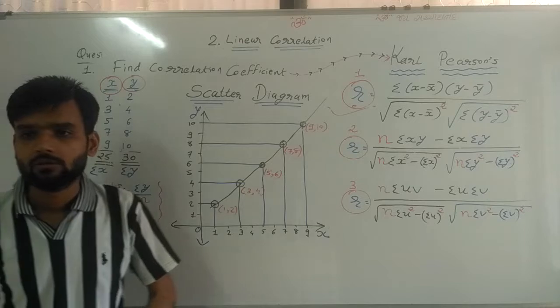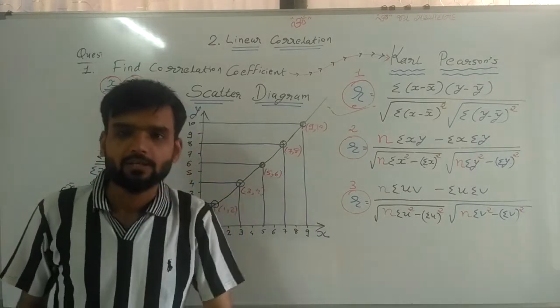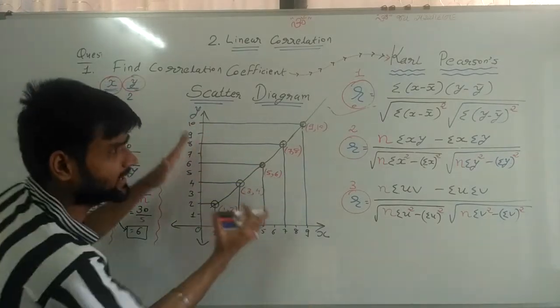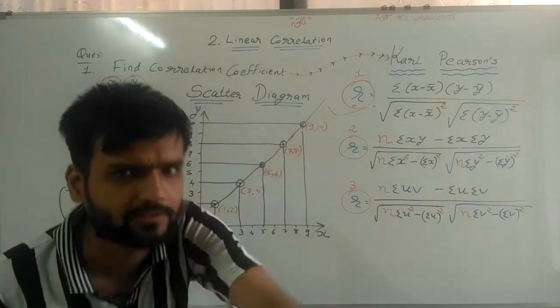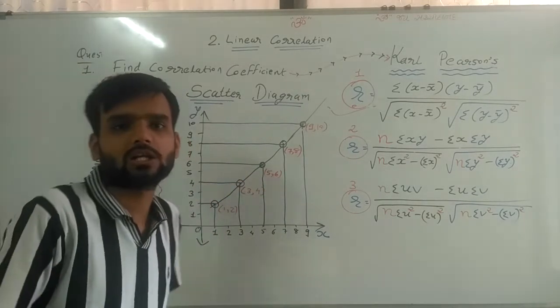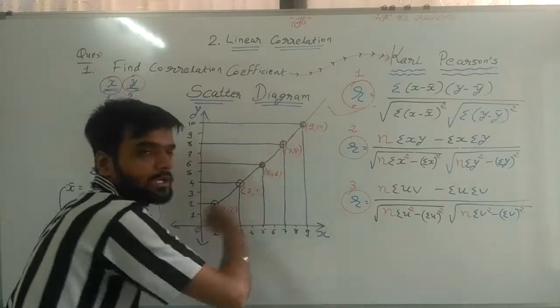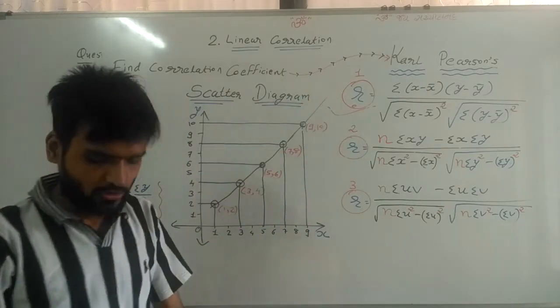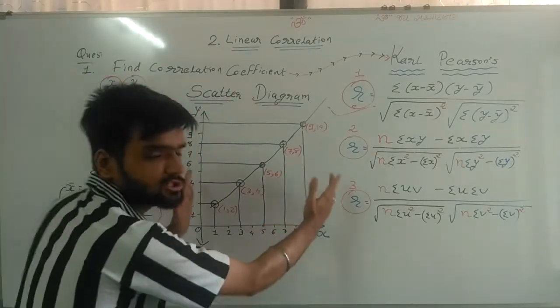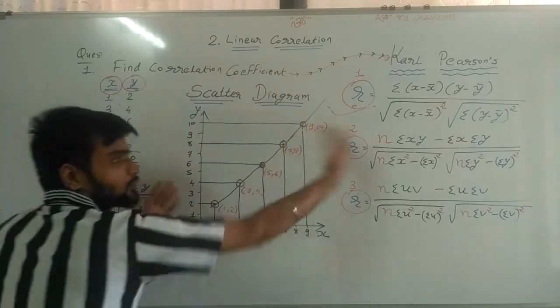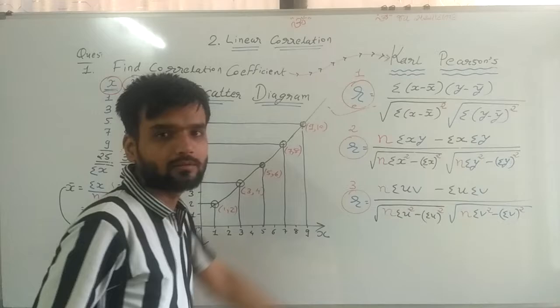Now here we can easily see all the points are covered by one line. And what is the slope of the line? Left to right increasing.